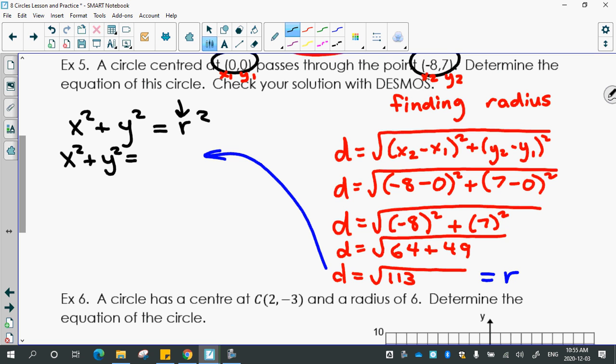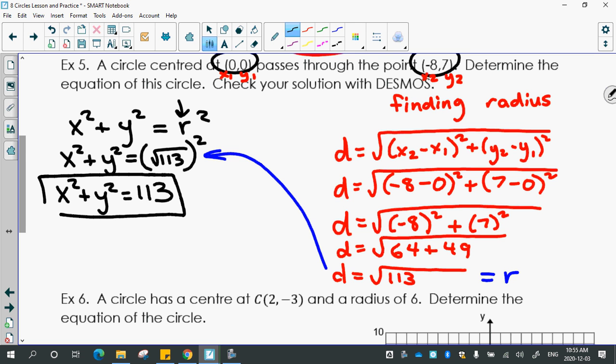And I just figured out the radius was the square root of 113, but that has to be squared. Squared undoes square root, right? So the equation of the circle just ended up being x squared plus y squared equals 113.